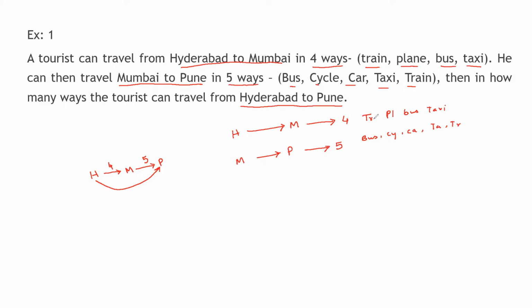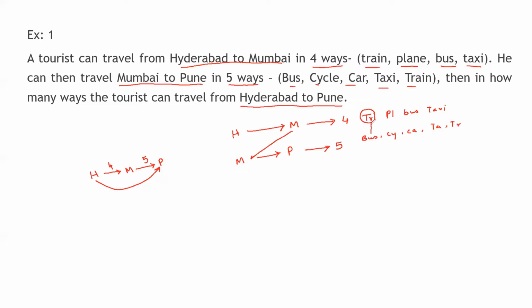For example, from Hyderabad to Mumbai, I will use train. I have reached Mumbai now. Fine. Now I have to go to Pune. How can I go?